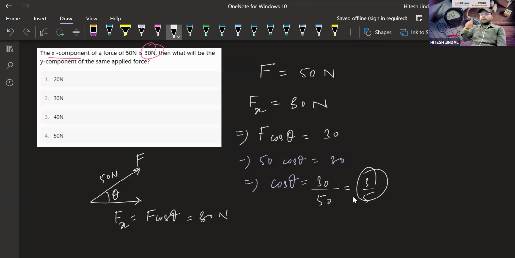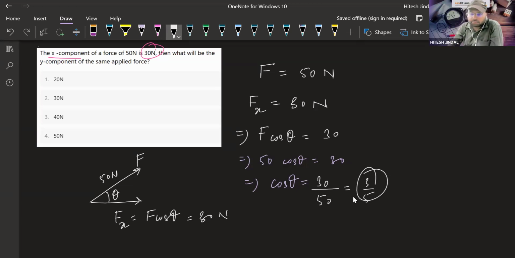If cos theta is 3 by 5, what is sin theta? How can I find sin theta? Four by five. हाँ कैसे निकालोगे?